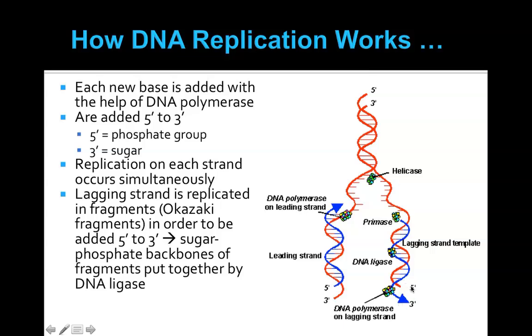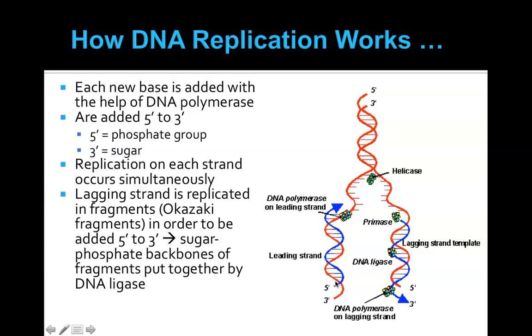This strand, however, 5 to 3, I'm going to have to add in little chunks. All right, and so that's going to require a couple extra enzymes to help us here. We're going to have to use this molecule called primase, and primase's job is to add little snippets of RNA. Now I'm going to have primase happen once over here.